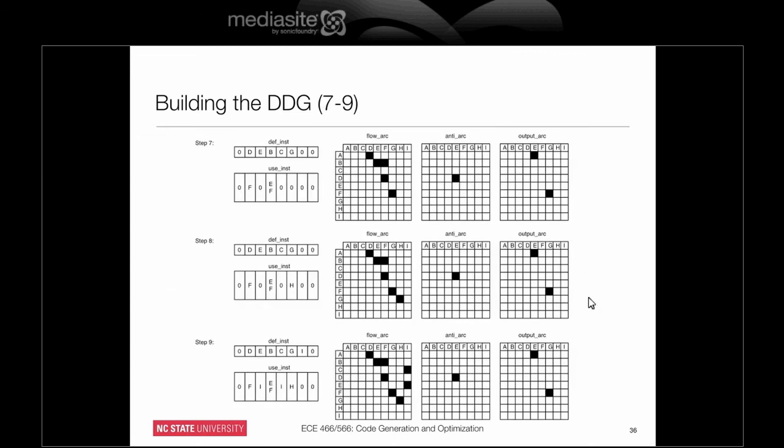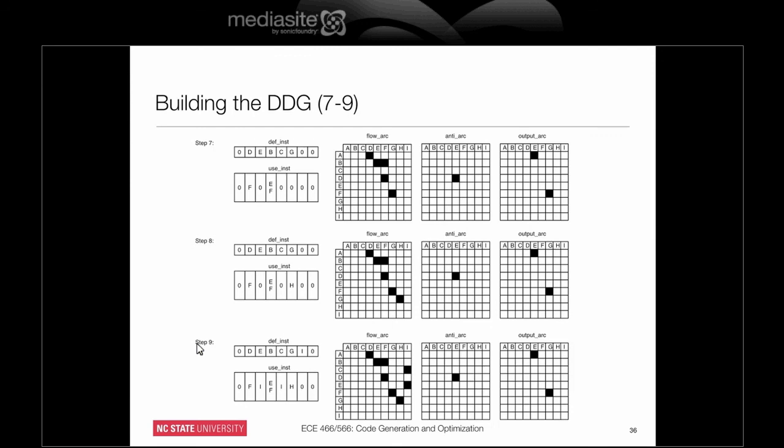So then we handle G, and we'll update these matrices for G, and H and I shown here in step 8 and step 9.